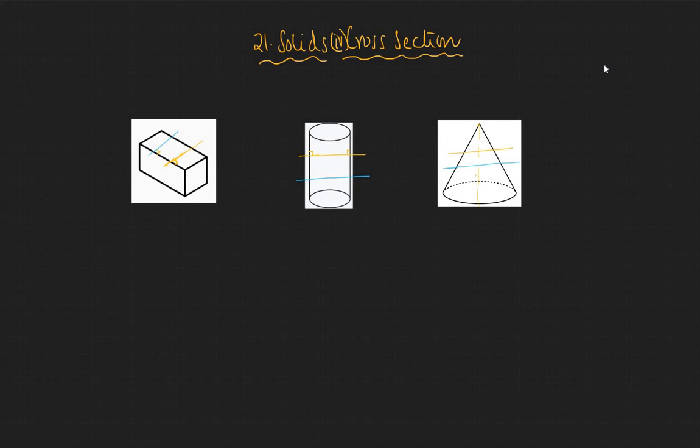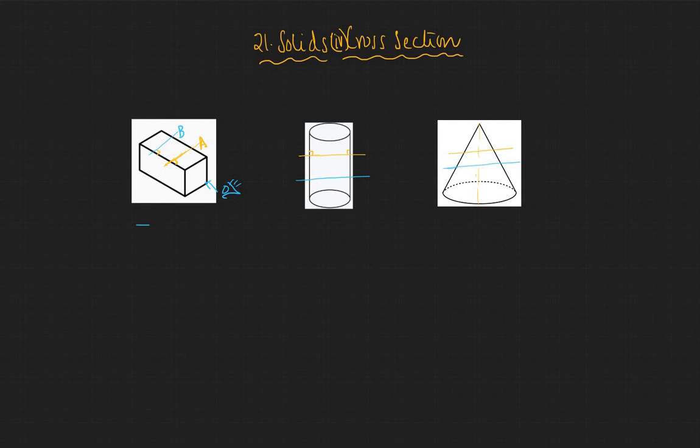You can see that for this cuboid, in this cross section and in this cross section, you will find that the cross-sectional view, when you look at it from here, is going to be the same, right?